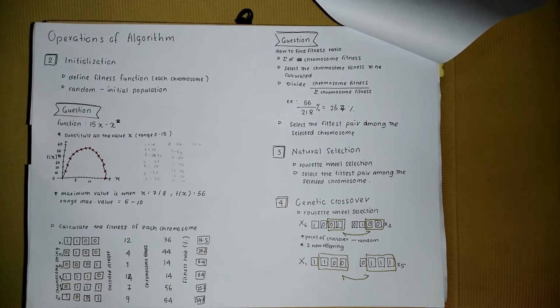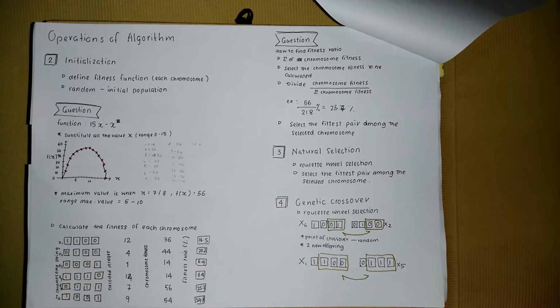The second operation is initialization. First, you have to define the fitness function of each chromosome, which will be explained here later on. And secondly, note that the initial populations are selected randomly. So, back to our definition of fitness function. Again, refer to the slide uploaded by Dr. in eLab.